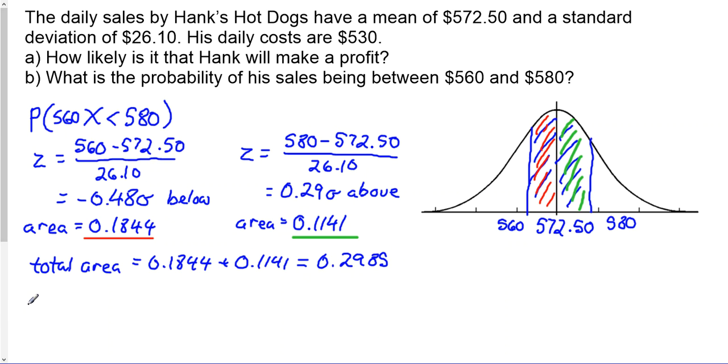So how likely is it that his sales for a day are between 560 and 580? Rounding this off, we can say that there's a 30% chance of sales in that range.